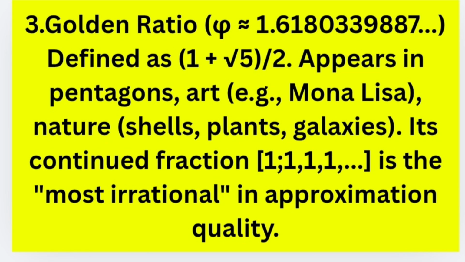The third example, the golden ratio, which is approximately 1.6180, continues infinitely, defined as 1 plus the square root of 5, divided by 2. It appears in pentagons, art, for example the Mona Lisa, and nature, for example shells, plants, galaxies. Its continued fraction is the most irrational in approximation quality.